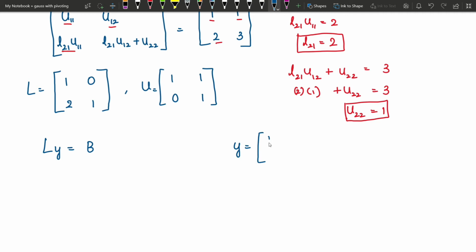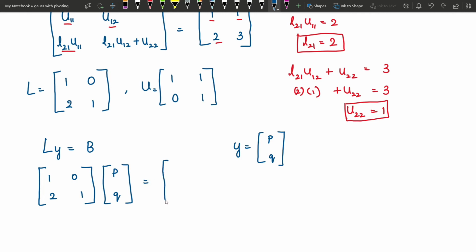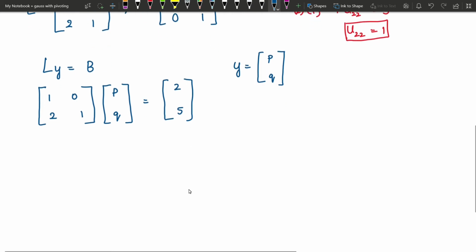Okay. So what is the next step? We have to consider Ly equals B. Let me consider two variables for y, which are p and q. You can write any unknown variables. Since we already have x and y as our actual unknown variables, here we are going to write p and q. So what is L? 1, 0, 2, 1 into y, which is p and q, equals, what are the RHS values? 2 and 5.